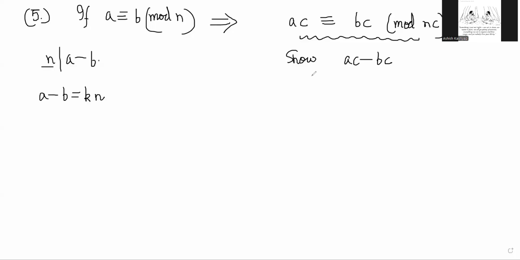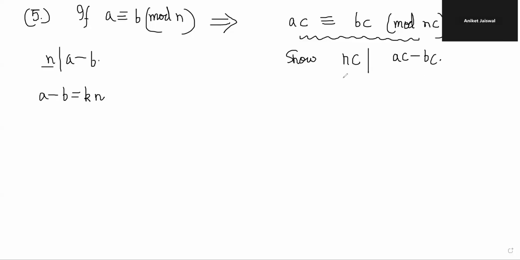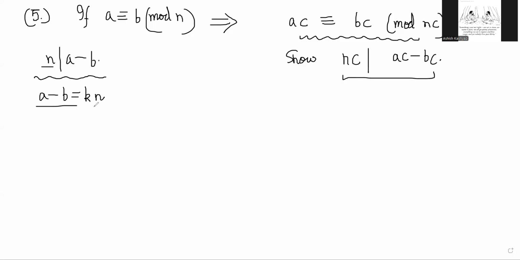So we need to show that NC divides this, right? Actually, it is obvious. We can multiply C on both sides of the equation here. So here we can just multiply by a constant C and we get that AC minus BC is K times NC. So that immediately proves this, so it is obvious, right?